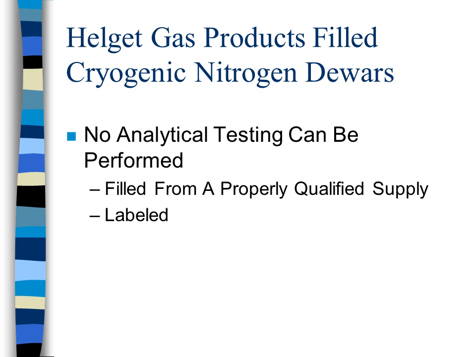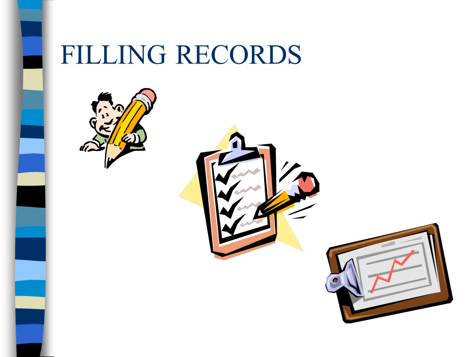And it has to have a lot code on it. Every time you fill that vessel, you will be changing the lot code. Every time you fill the vessel, you'll be looking at the label to make sure that it has not become obliterated and it is fully legible, fully readable.